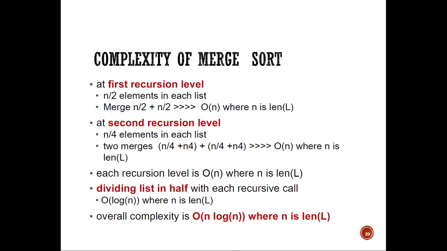So the overall complexity of the merge sort is order of n log n. The n part is because we have to divide it into n elements, and the log n is because of the recursive calls in which at each level of recursion we divide the size by 2. That's why the overall complexity is n log n.